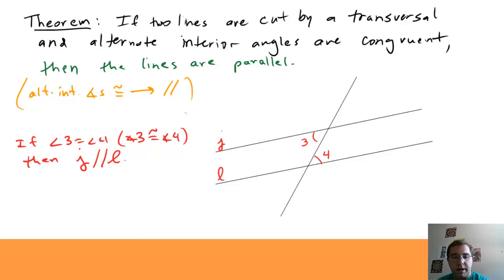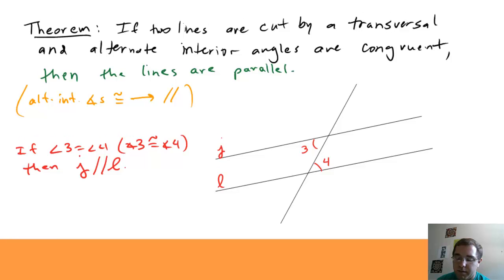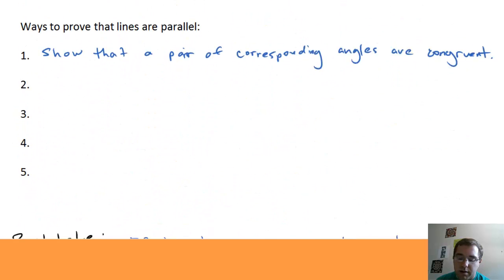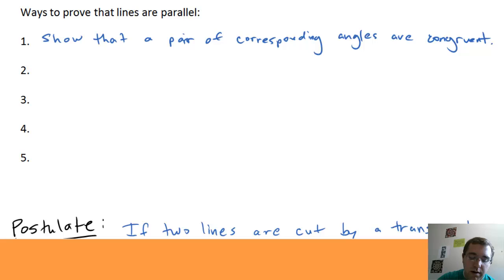So if we can show that one pair of alternate interior angles are congruent, then we can show that those lines that make those alternate interior angles are parallel. So that is our second way to prove that lines are parallel.